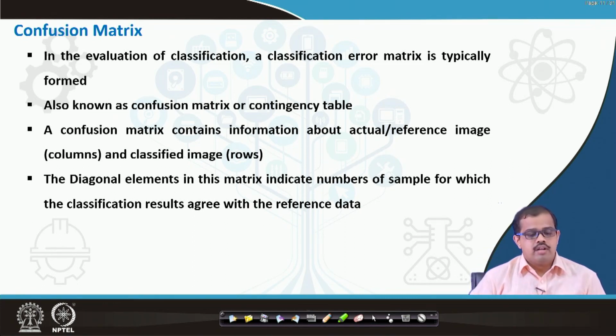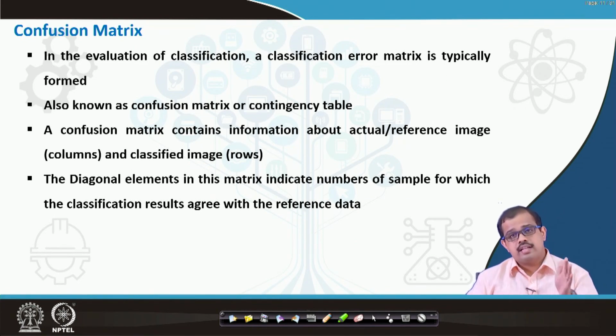Okay. In an evaluation of classification, a classification error matrix is typically formed. It is a very well known method, and most classification systems use it as one of the authentic ways of looking at how good your classified data is. When I say classified data, it is dividing the earth surface into different user classes.